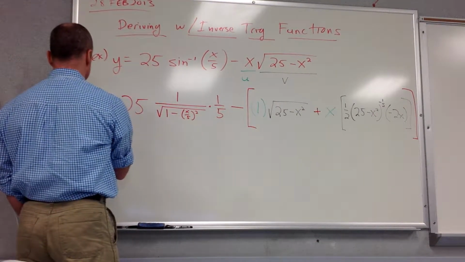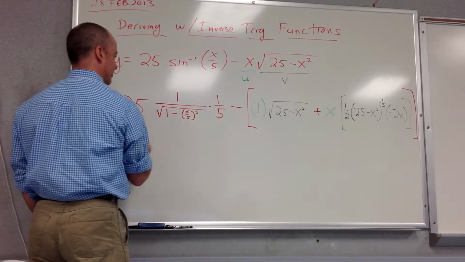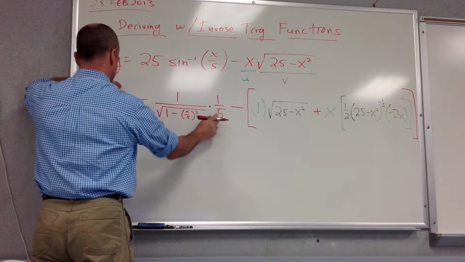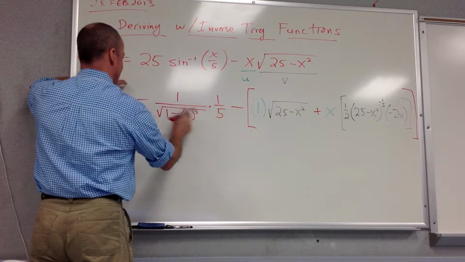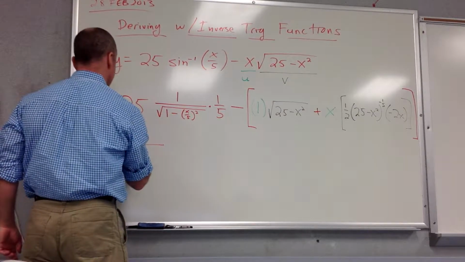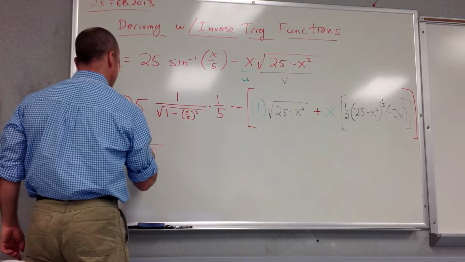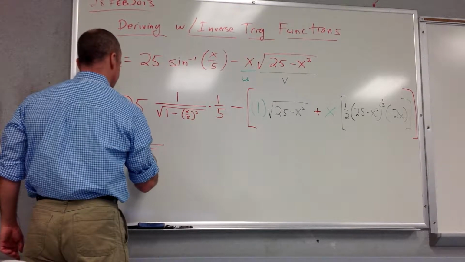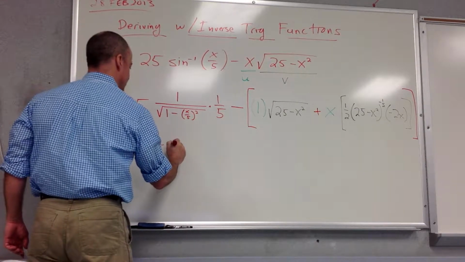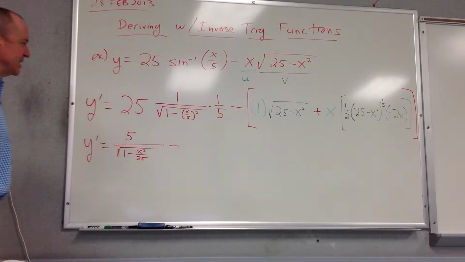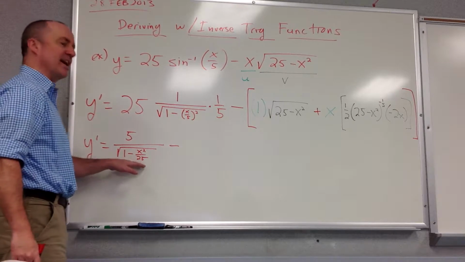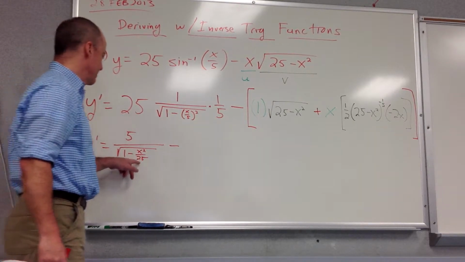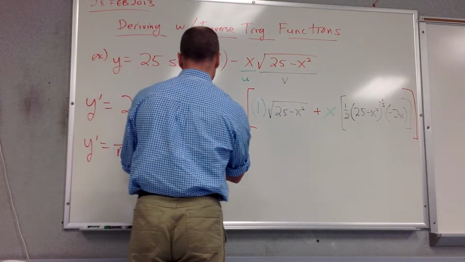Well, we know that that's just 5 over, awesome. Michelle is spotting that the 1/5 and the 25 will just leave me a 5 in the numerator. That's going to be over 1 minus x squared over 25. Very good. General rule is, although we usually try to get rid of complex fractions, rarely does anyone bother to go after them inside a radical.